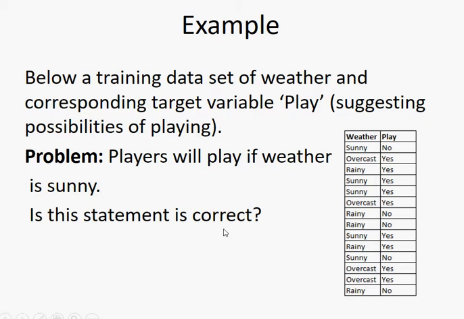Our problem could be the sentence, players will play if the weather is sunny, and we want to know if this is correct. So sunny is going to be our new input, and we want to know if the prediction is yes, they will play, and the same for the other features, overcast and rainy.